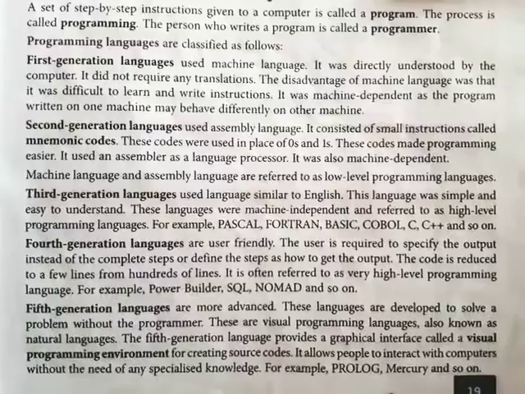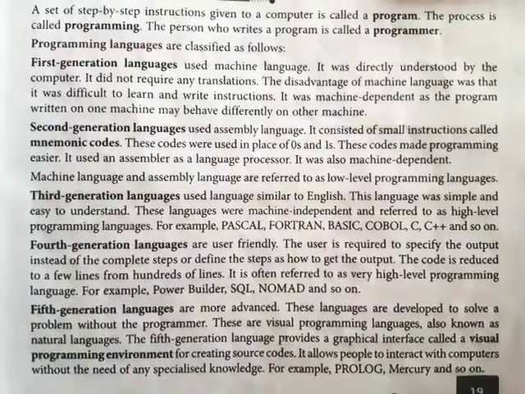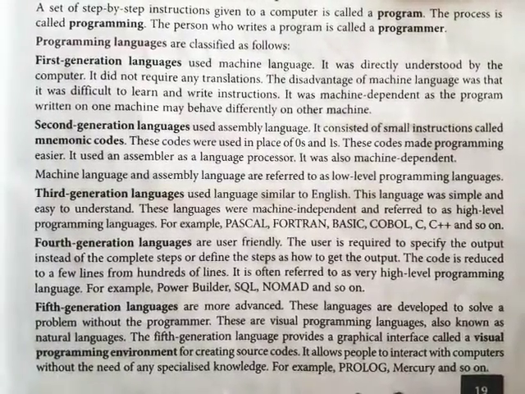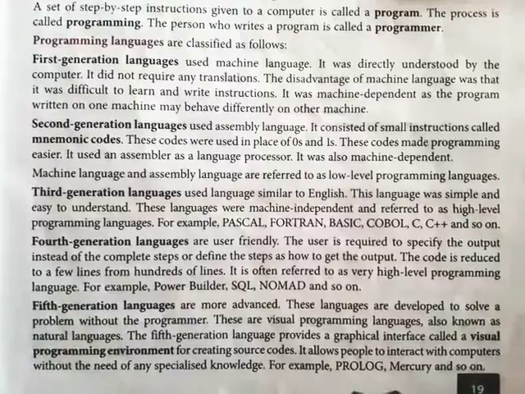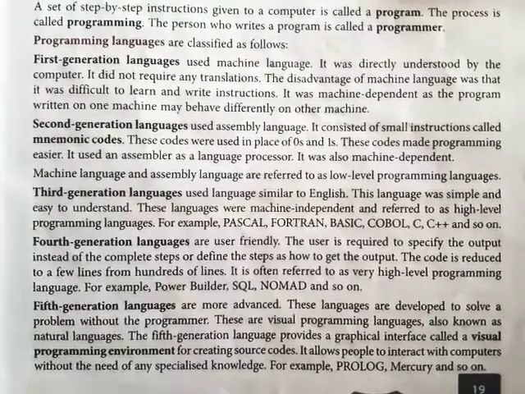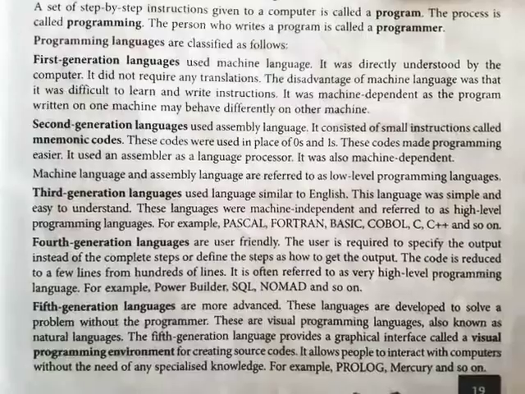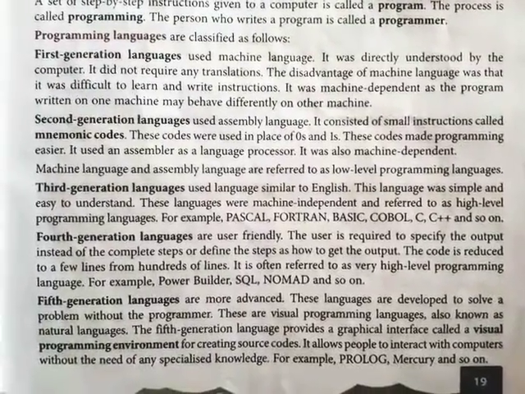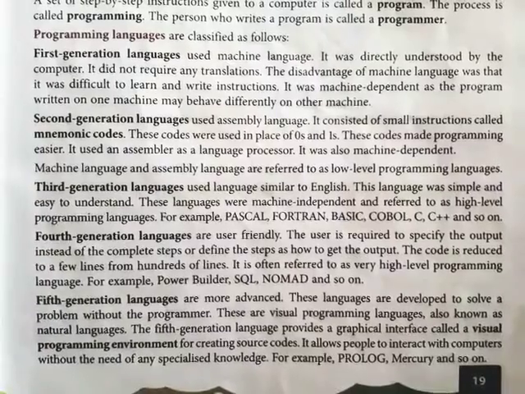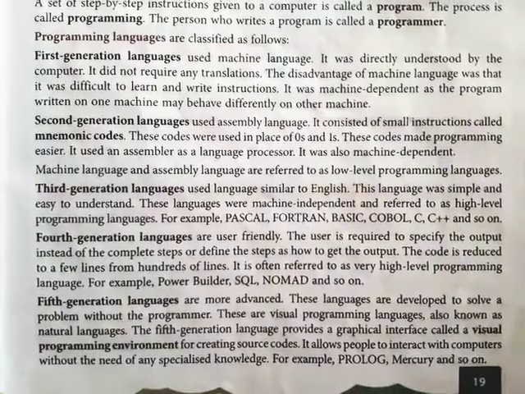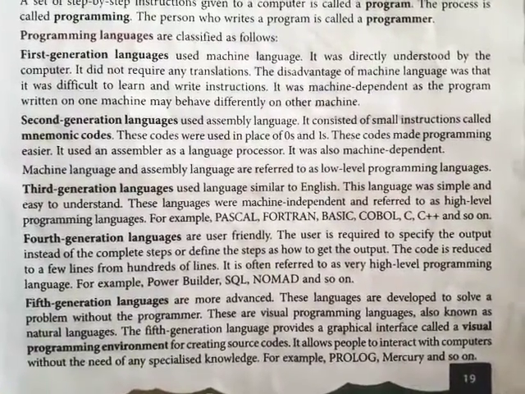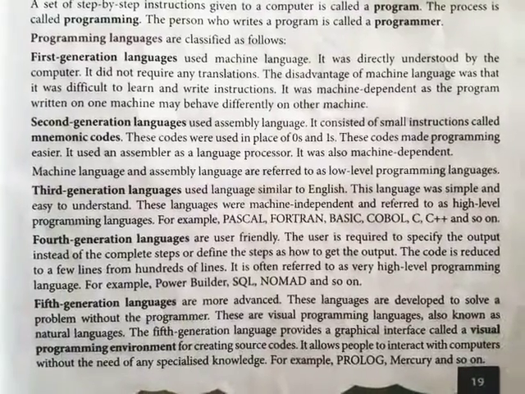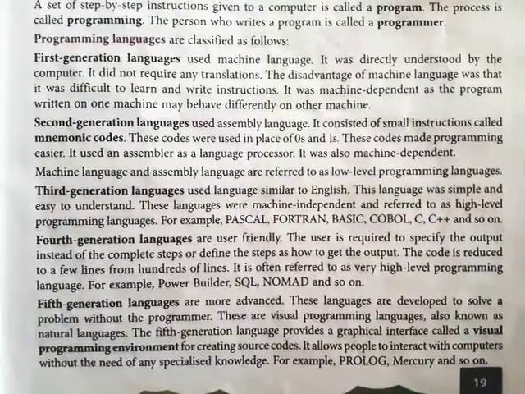There are visual programming languages, also known as natural languages. The fifth generation language provides a graphical interface called Visual Programming Environment for creating source code. It allows people to interact with computers without the need of any special knowledge. For example, Prolog, Mercury, and so on.